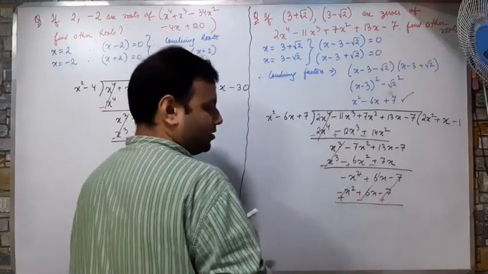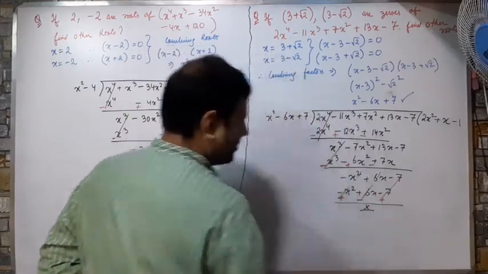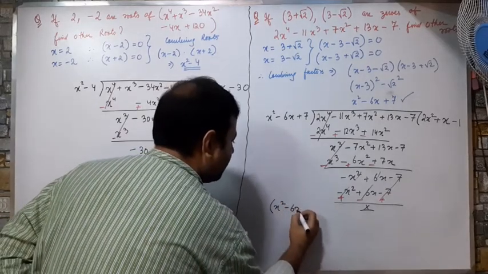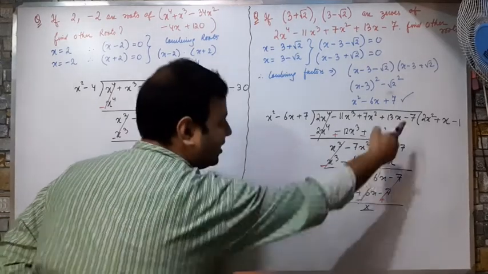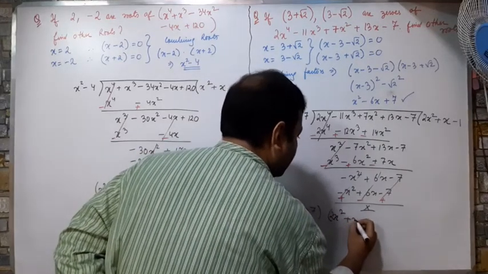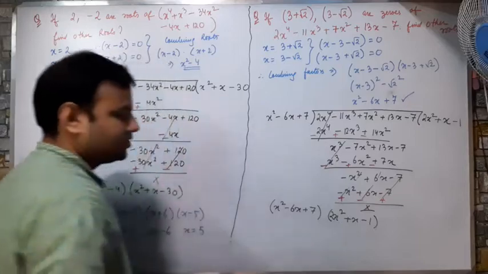So all are cut. So what are my factors? My factors are x square minus 6x plus 7 and the factor is 2x square plus x minus 1.